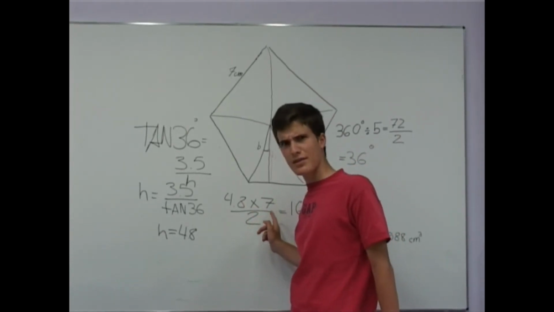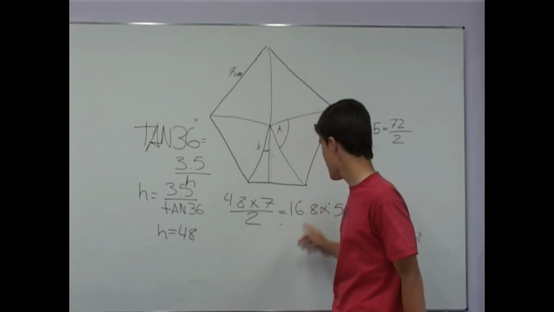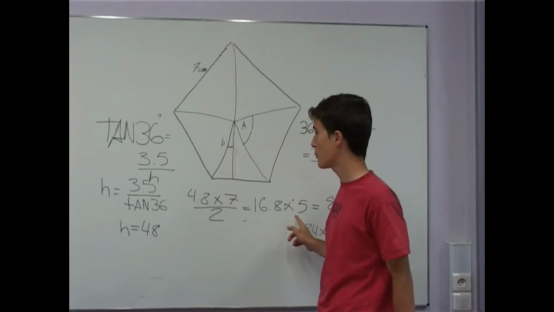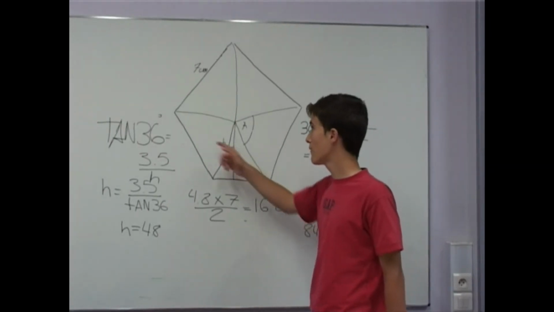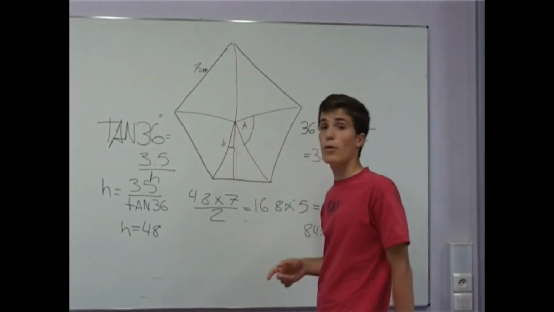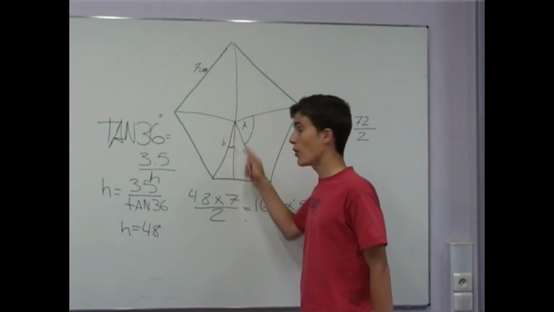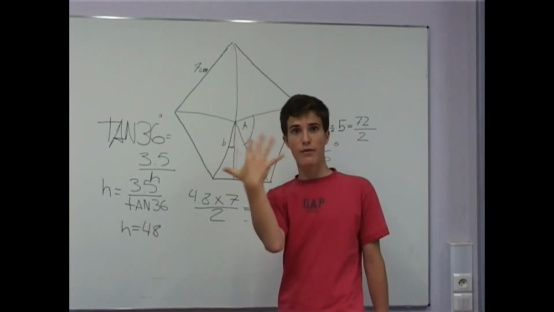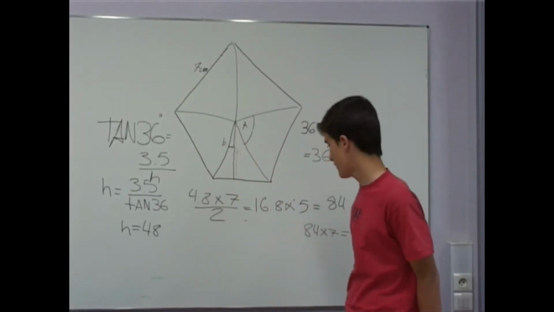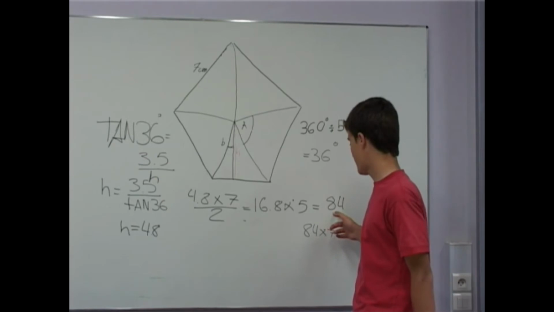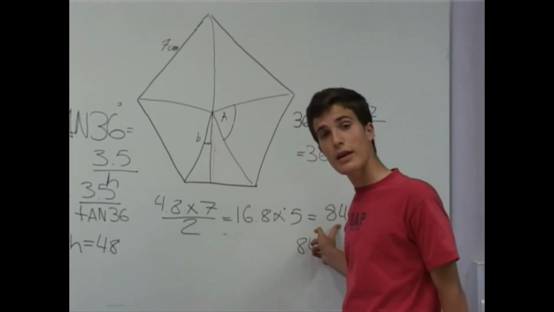4.8 times 7 divided by 2 gives 16.8. That 16.8 we times by 5 because there are 5 triangles, which we have found is the area of one triangle, so we times it by 5, and that's where we get the whole area of the 5 different triangles.